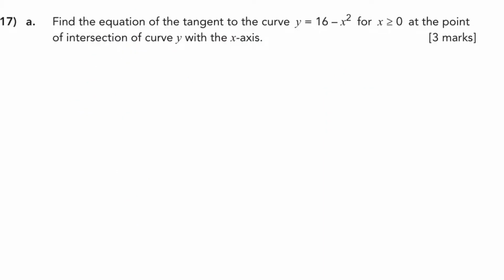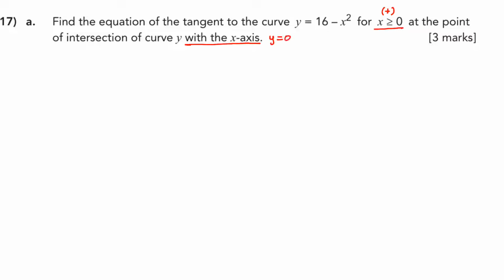The next question. Find the equation of the tangent to the curve y is equal to 16 minus x square for x is more than or equal to 0 at the point of intersection of curve y with the x-axis. What information has been given to us here? That x has to be more than or equal to 0. It means x will be only positive. The second thing, the curve intersects with the x-axis.